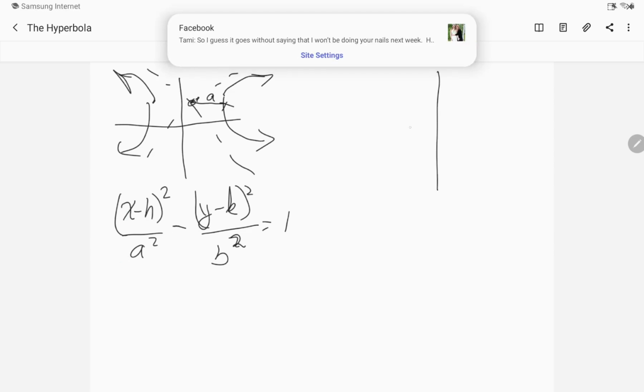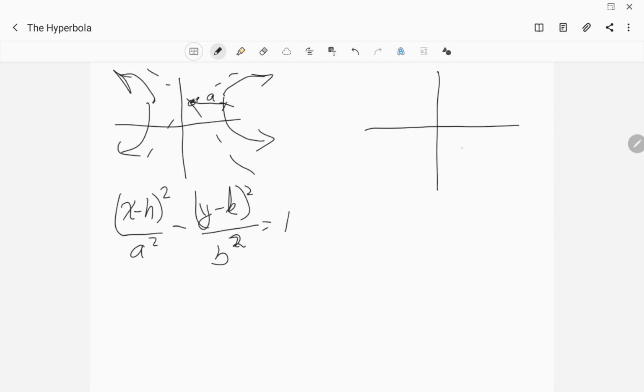So if instead of having that, you have, let's say, your center here, and one vertex is here and it's going up, and one vertex is here and it's going down, okay? And so you've got your asymptotes going this way this time. So now my A is going up and down, and my B is going across.